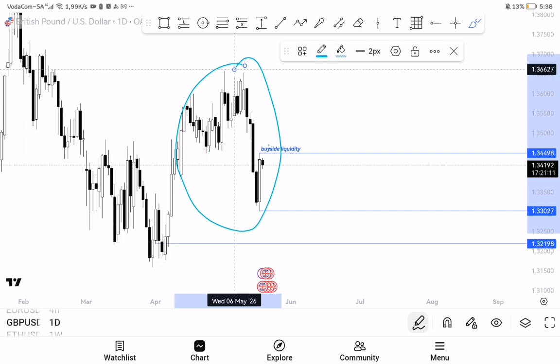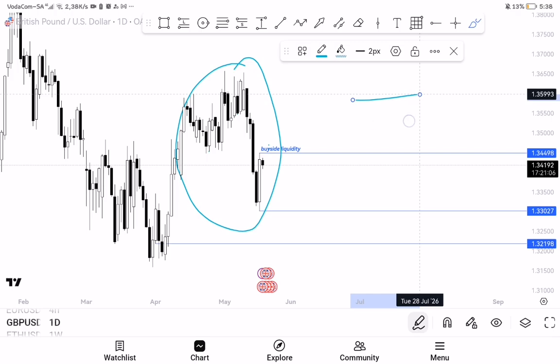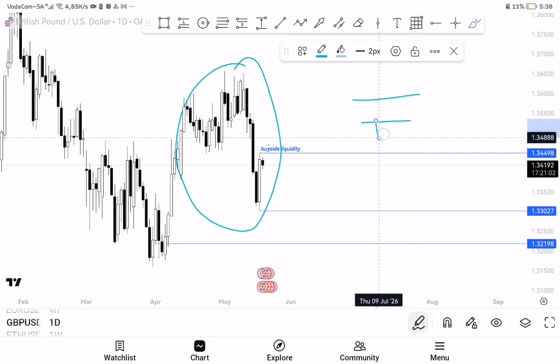The CRT. So let's say this is the gap, okay, and then this is the big candle, this is the daily candle.